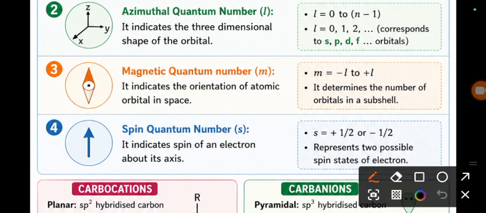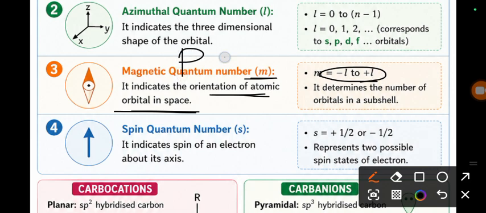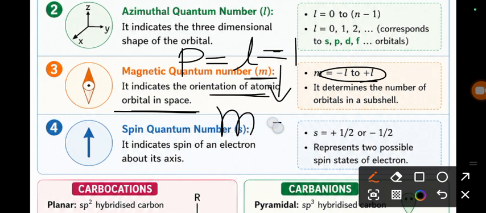So the azimuthal quantum number helps us determine the shape of the orbital. And magnetic quantum number m indicates the orientation of the orbital in space. It ranges from minus l to plus l. For example, for p orbital, azimuthal quantum number value is 1, and magnetic quantum number is minus 1, 0, plus 1.